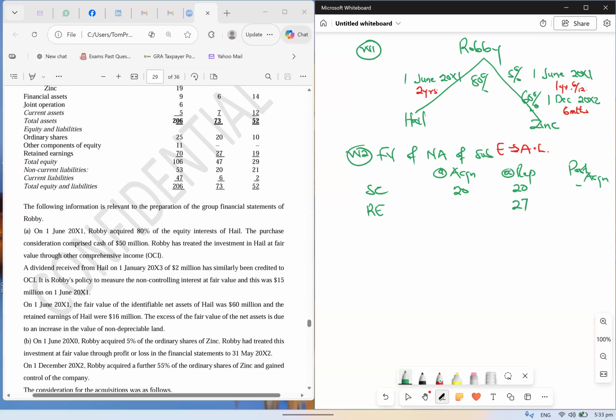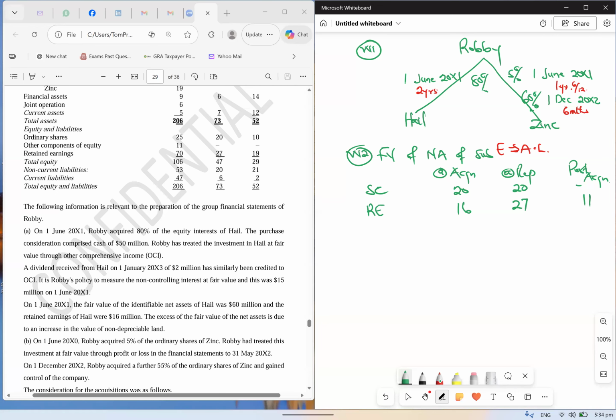What is the retained earnings at acquisition? When you bought the 80%, retained earnings at acquisition, where are you? The fair value of net identifiable assets was 60. Retained earnings was 16. So get the difference. That's like 11, right? So that is that.